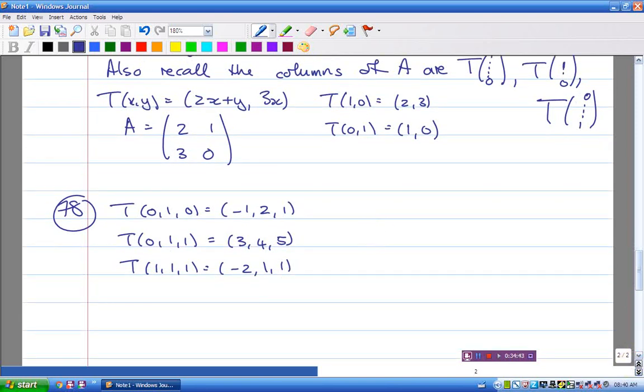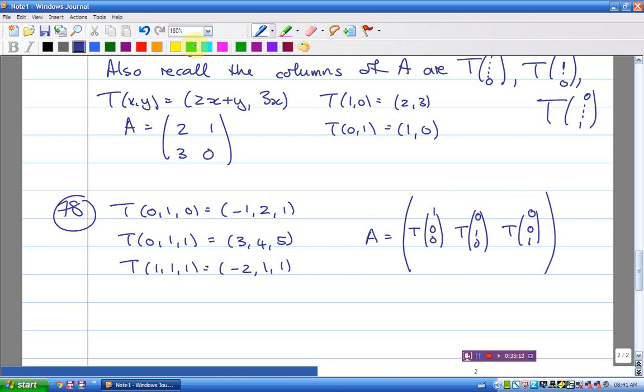So A is going to be a 3 by 3 matrix, because my input is 3-dimensional and my output is 3-dimensional. The first column is going to be T applied to (1, 0, 0), the second column T applied to (0, 1, 0), and the third column T applied to (0, 0, 1). If I can find those three vectors, I'll have the columns of A.